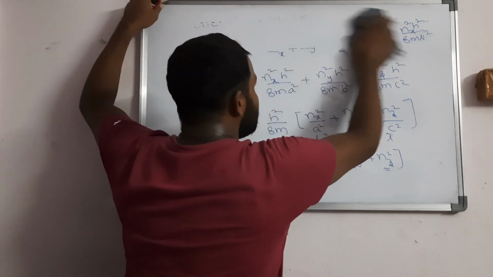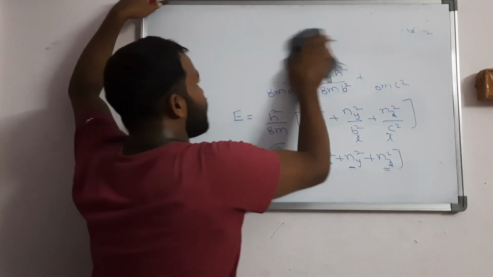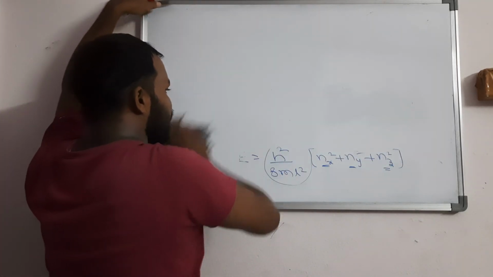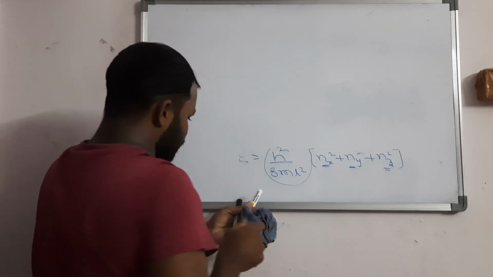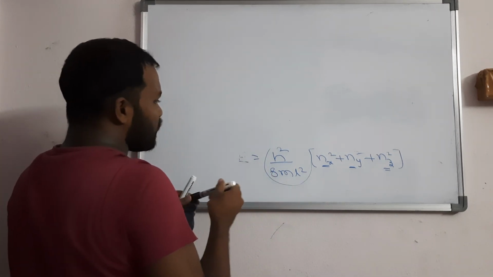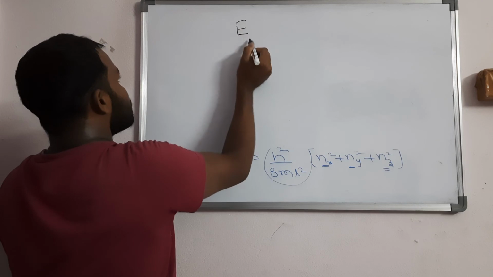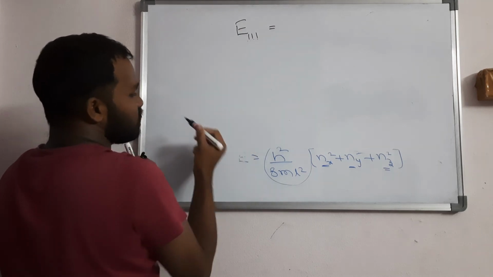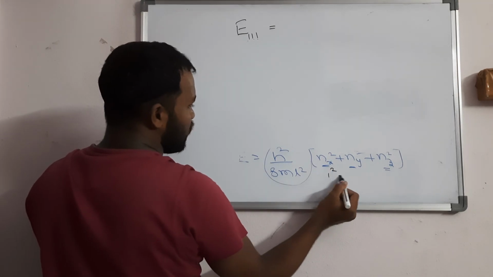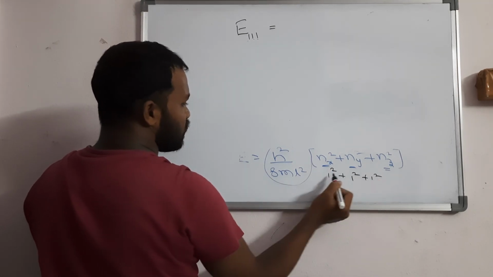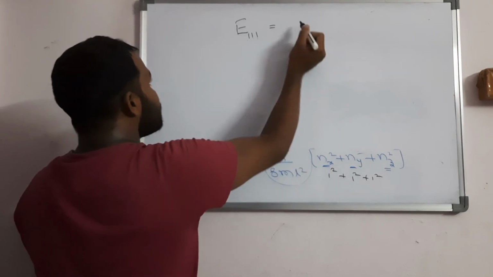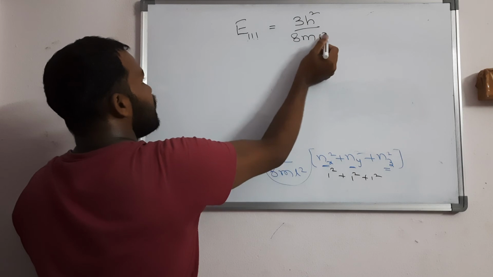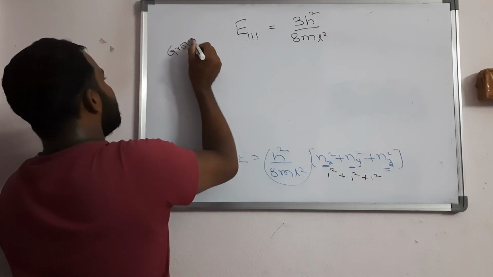Next, ground state energy. As I already discussed in the 1D box, for the ground state energy n is equal to 1. So for the 3D box, x is 1, y is 1, z is 1. 1 square is 1, 1 plus 1 plus 1 gives 3. So 3h square by 8 m L square is the ground state energy.